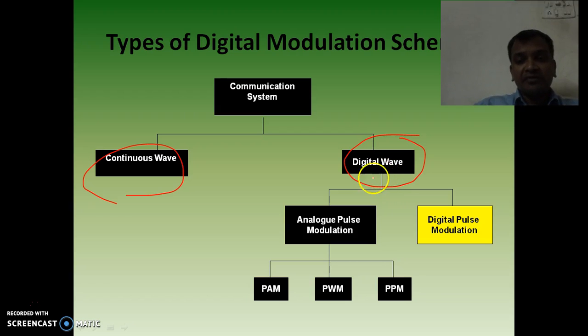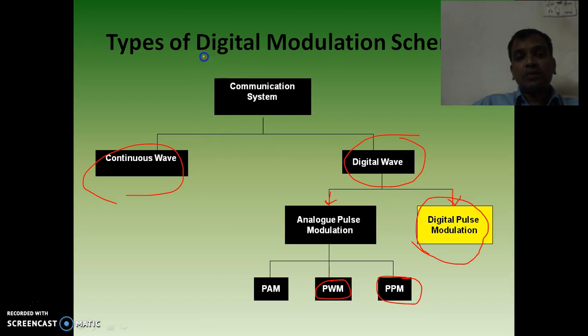The digital wave can be simply transmitted in the form of pulses, or you have another way as a digital pulse modulation technique. In pulse modulation, you have pulse amplitude modulation, pulse width modulation, and pulse position modulation. The focus mainly in today's lecture will be on digital pulse modulation.